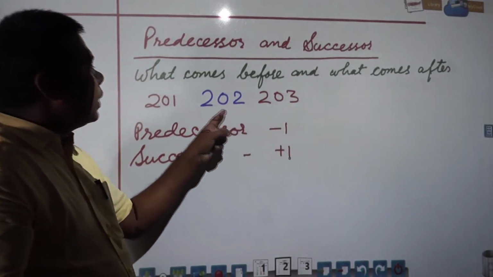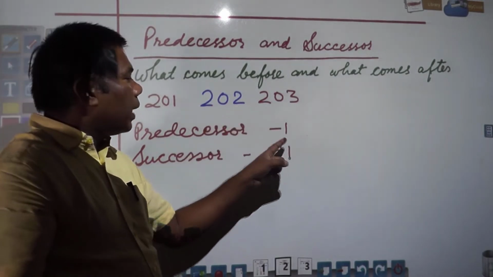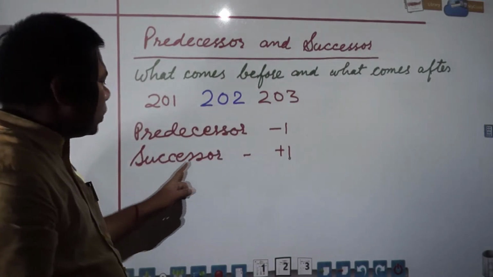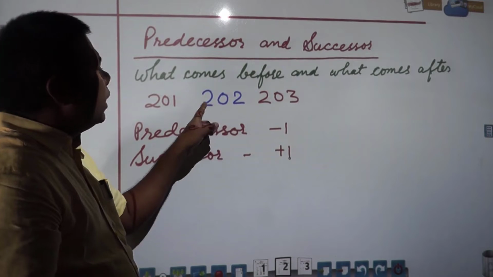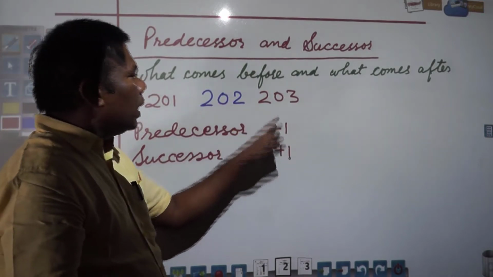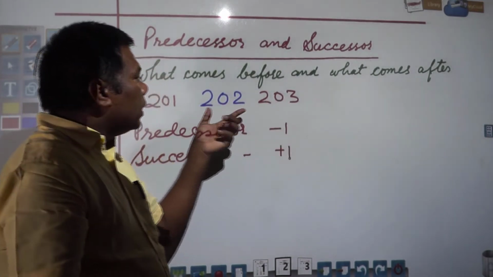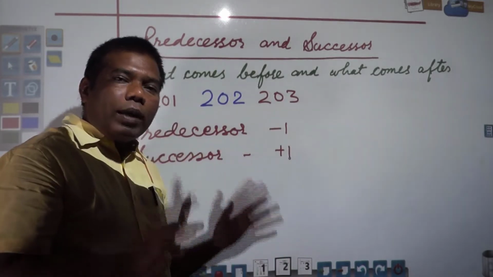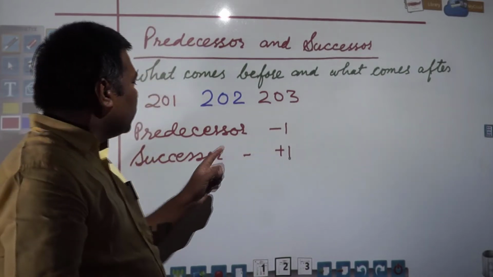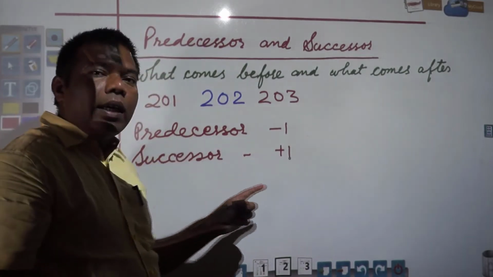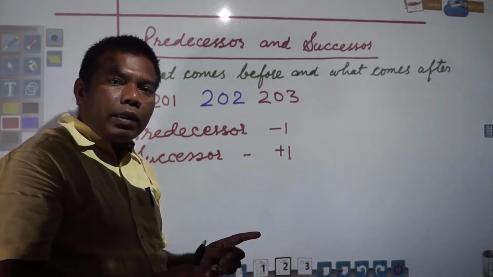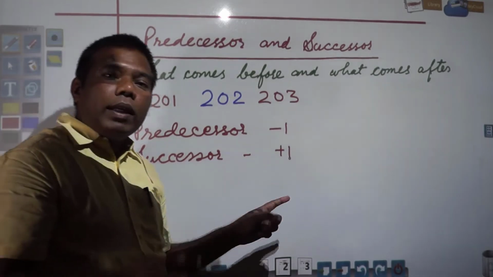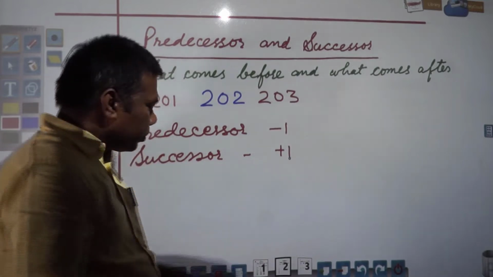Just see the example: in 202, if you subtract 1, you get 201. To find the successor, in 202 you add 1 and you get 203. In this way, for any number given, smaller or bigger, if you need to find the predecessor and successor, for the predecessor you subtract 1, and you add 1 to get the successor of the given number.